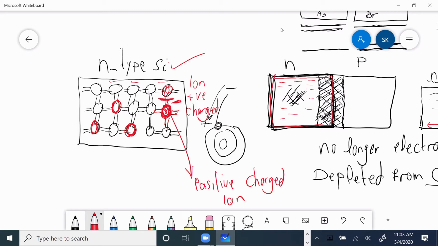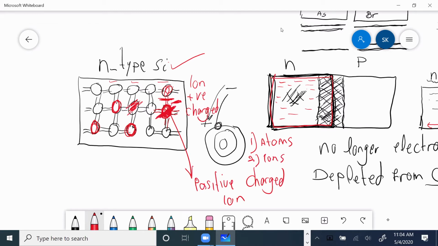As well as these carriers, there were 2 other things in there. 1, just atoms, like this one. 2, there were ions, like this one. This is an ion.